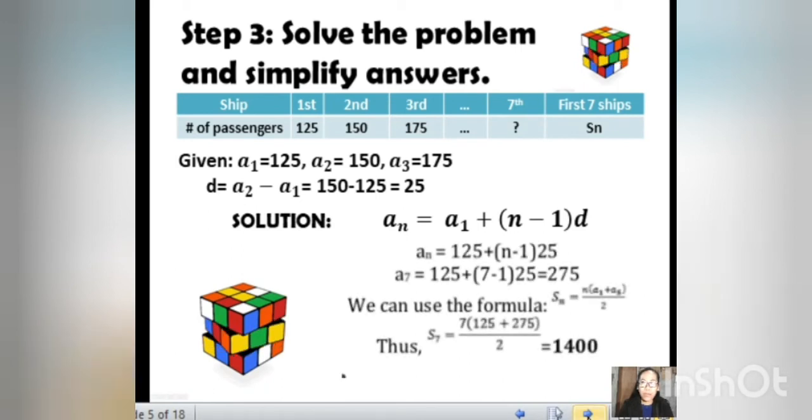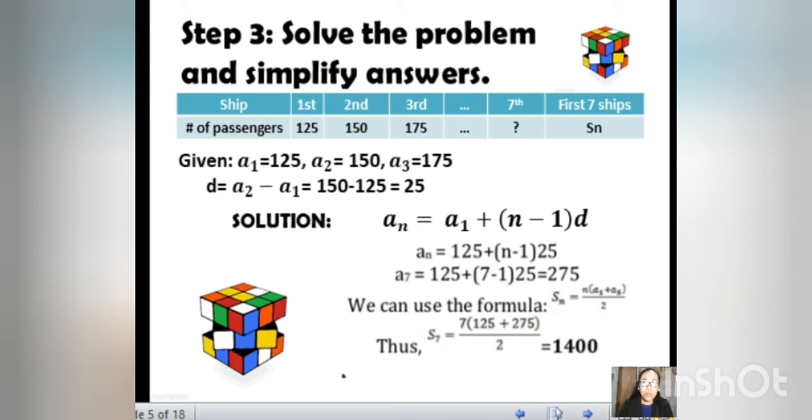We have a sub n is equal to 125 plus the quantity n minus 1 times 25. So here, we will find first the 7th term. So a sub 7 is equal to 125 plus the quantity 7 minus 1 multiplied by 25, which will give you 275. So for the 7th ship, you have a total of 275 passengers.